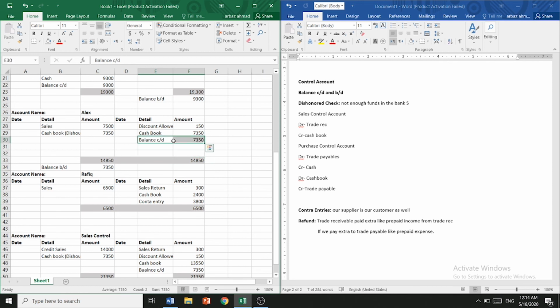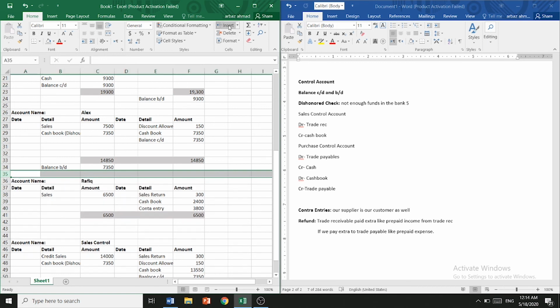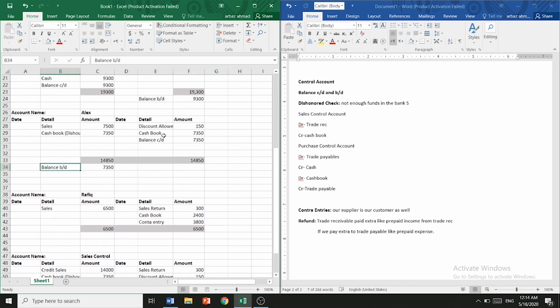In this case, instead of having a balance on this side, I have a balance on this side. How is that possible? That will be possible if I say he paid me, let's say 15,000.